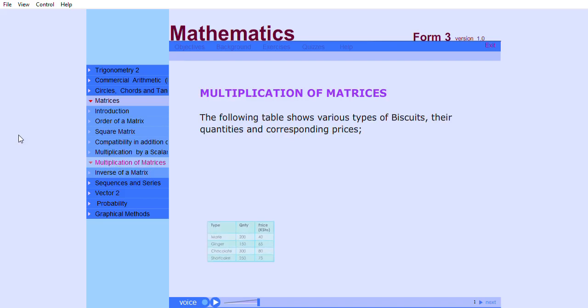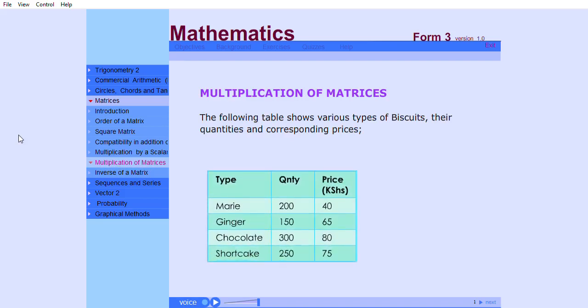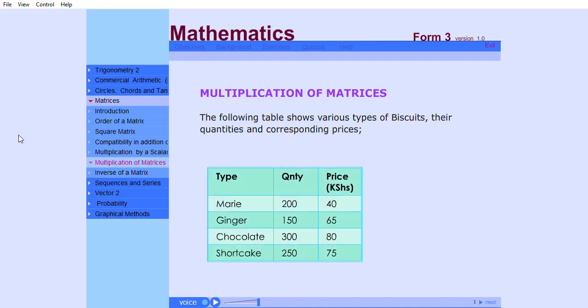Multiplication of matrices. The following table shows various types of biscuits, their quantities, and corresponding prices.